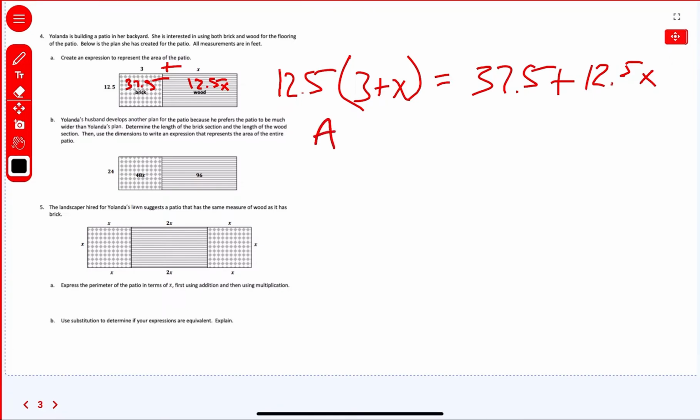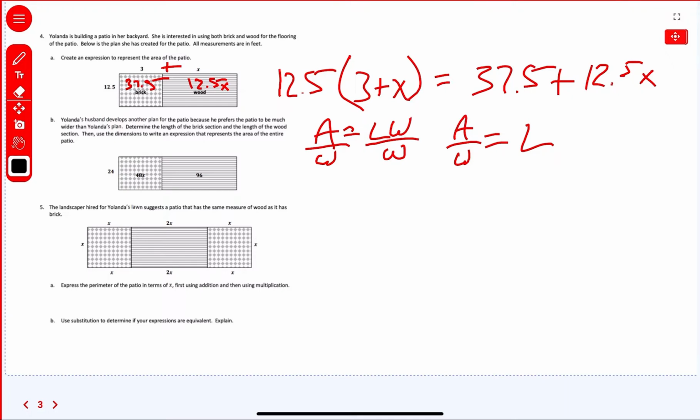Let's think. Area equals length times width. So if I'm trying to find the length, we're going to divide by W. So the area divided by the width gives us our length, right?